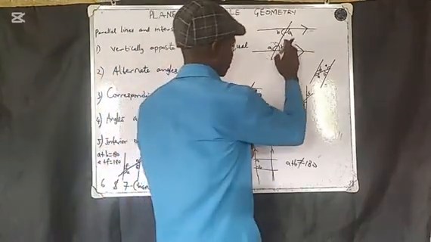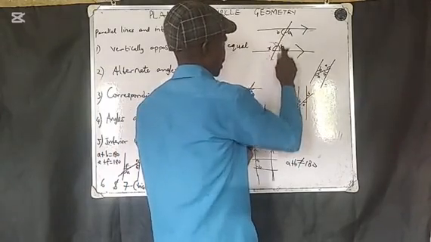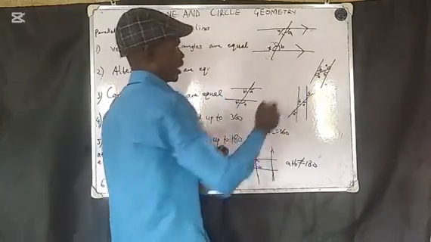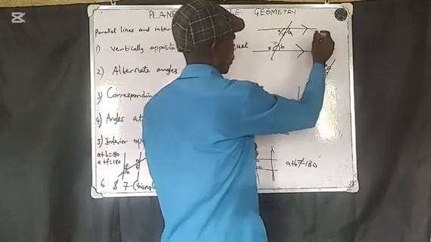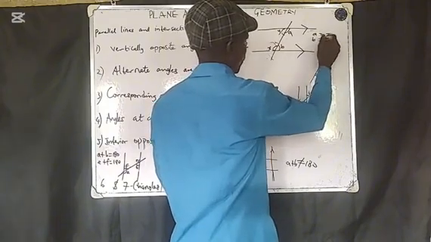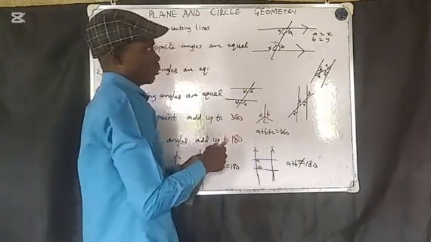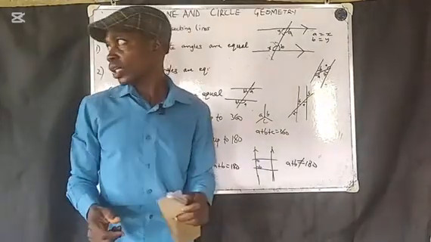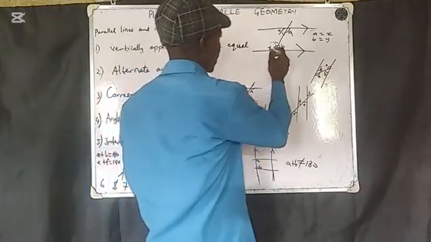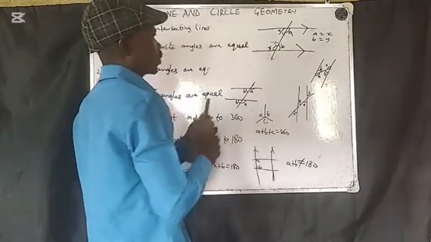If we label this place as, let's say, X, and this place as Y, we can easily say, by vertically opposite angles, A equals X, and B equals Y. A equals X or X equals A, B equals Y or Y equals B. So this is how to explain it.